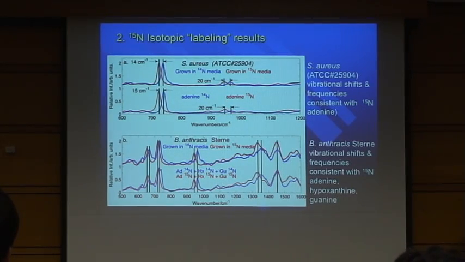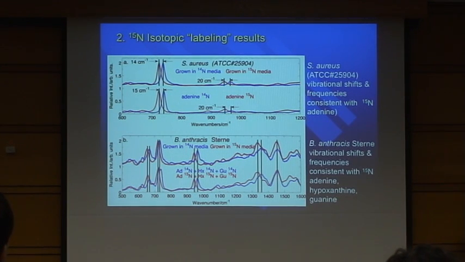As any good vibrational spectroscopist, you want to figure out what you've got. Well, good old-fashioned isotopic substitution. So I can bring that to the table. So here, this is again Staphylococcus aureus. I've grown it in nitrogen 15. And sure enough, you see shifts, as you might expect. And comparing it with adenine, the shift is virtually identical for nitrogen 15 adenine compared to nitrogen 14.